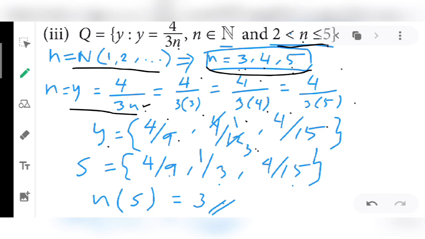Therefore Q has the set of all values 4 by 9, 1 by 3, 4 by 15, which has the cardinality n of Q equal to 3. So this is the solution of the question.